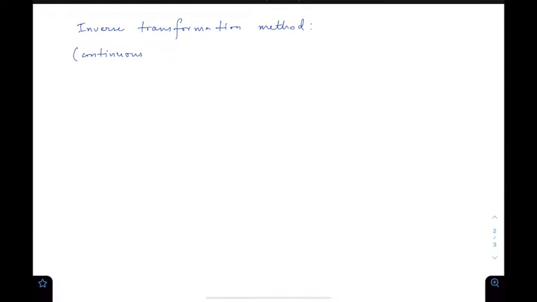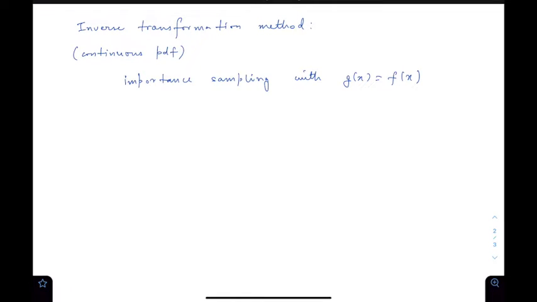Now this method is like importance sampling with g(x) equals f(x). The resulting integrand is the uniform distribution.